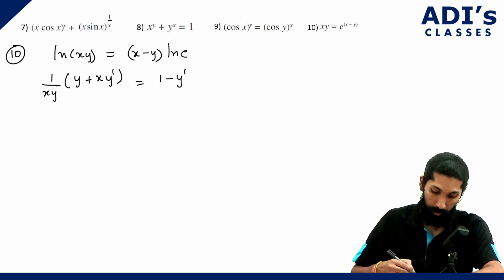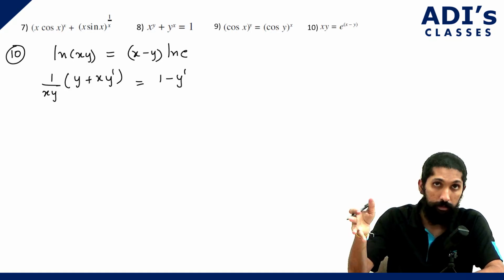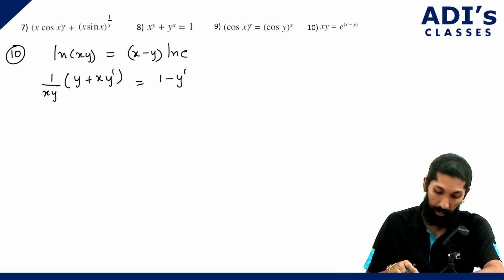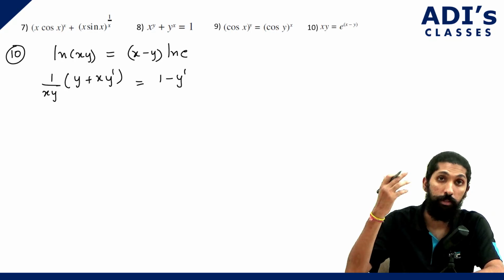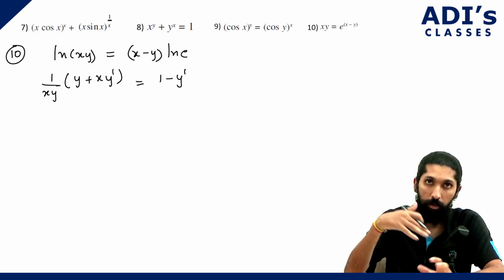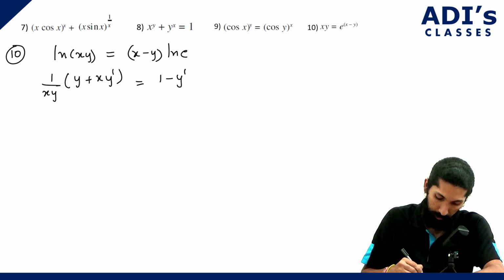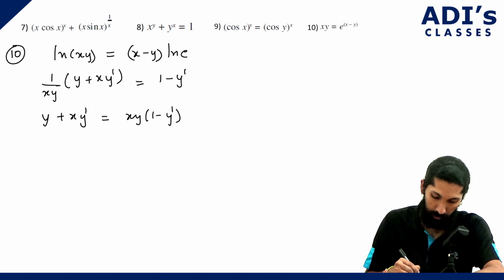Now, one way what you can do is, you can take the 1 by xy, you know what you have on the LHS, you can transpose it to the RHS, basically the cross multiplying part. So you'll get y plus xy dash is xy into 1 minus y dash, or y plus xy dash is xy minus xy into y dash.